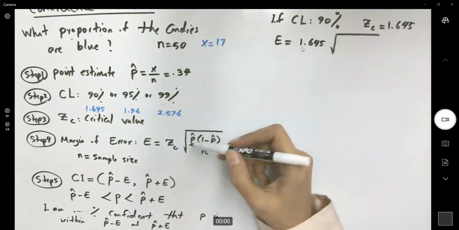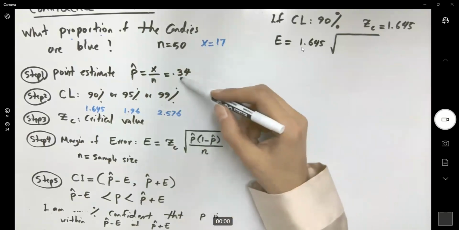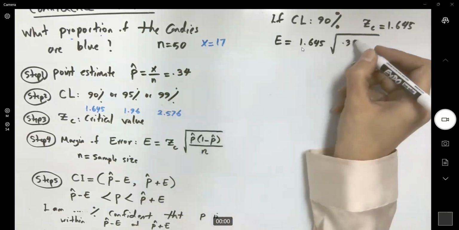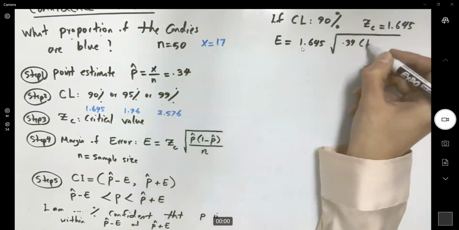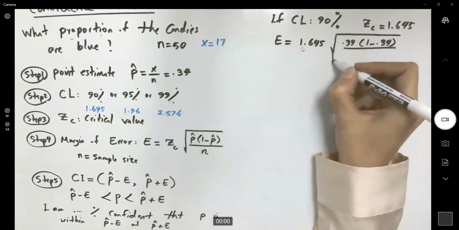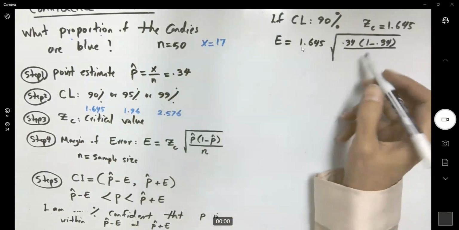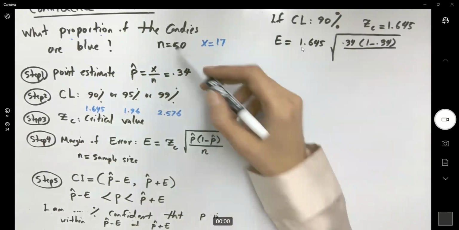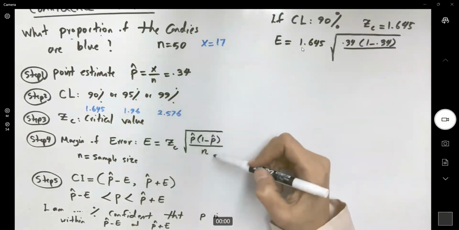Inside the radical, I have P hat, which is 34%, times 1 minus 34%, divided by N. N is the sample size, which is 50.